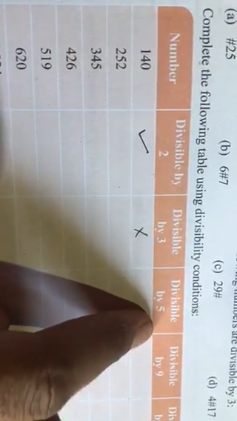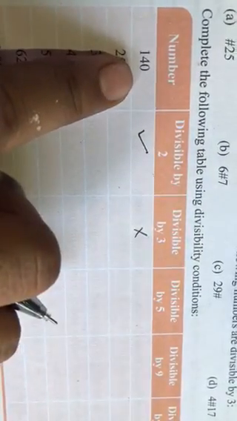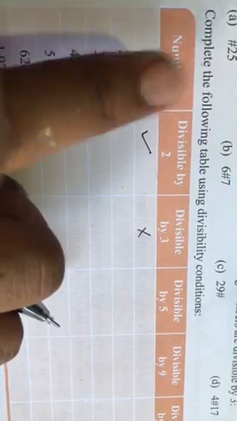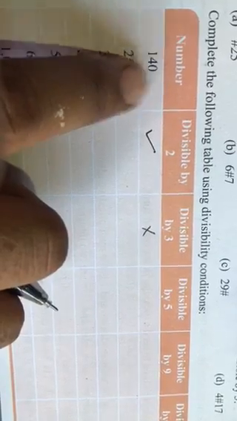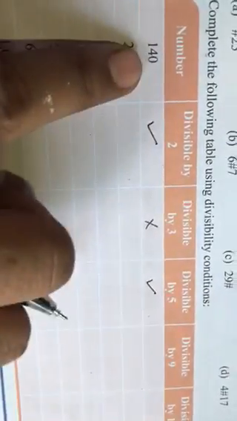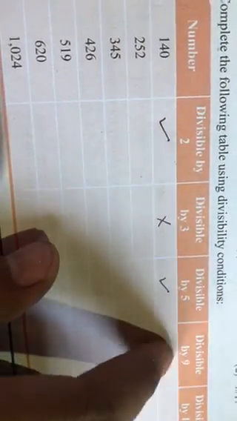Divisibility of 5. If this number contains 0 or 5 at the unit place, the number must be divisible by 5. This number contains 0. This means the number is divisible by 5 also. What about 140? Divisibility of 9.